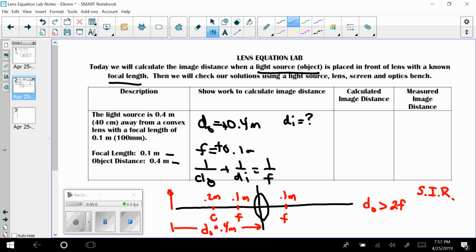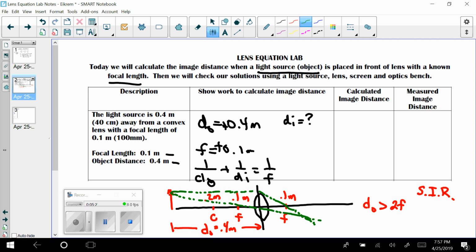So where would the image be? Well, first of all, I would draw a line like this, and then I would go down to the focal point, and I would draw a second line through the vertex.